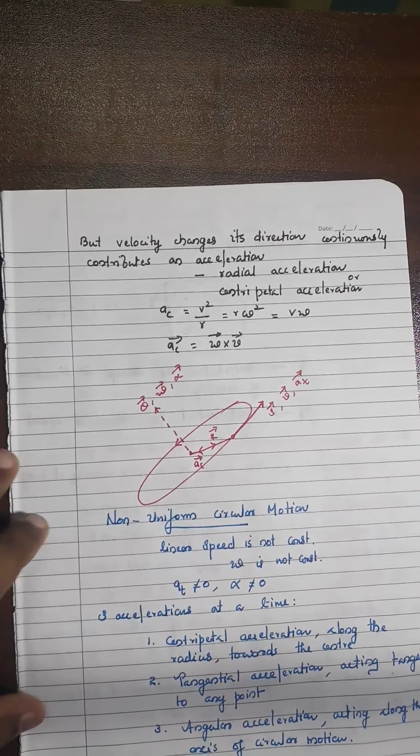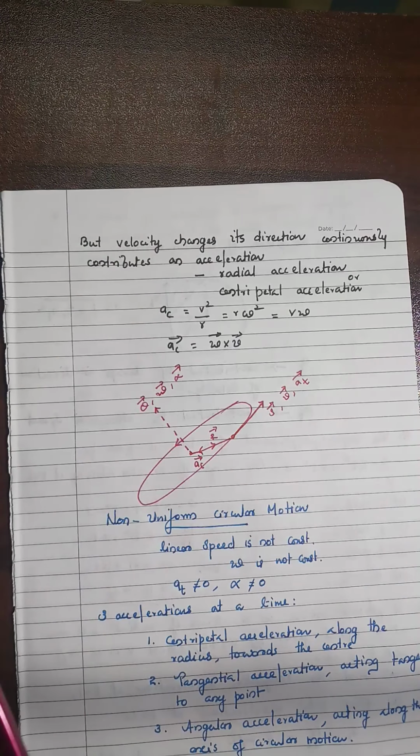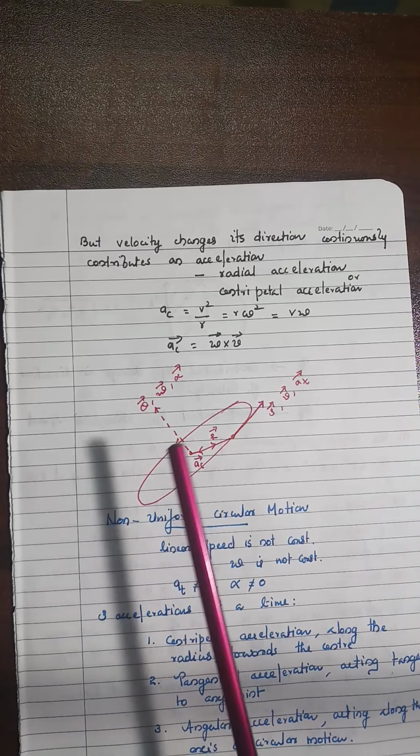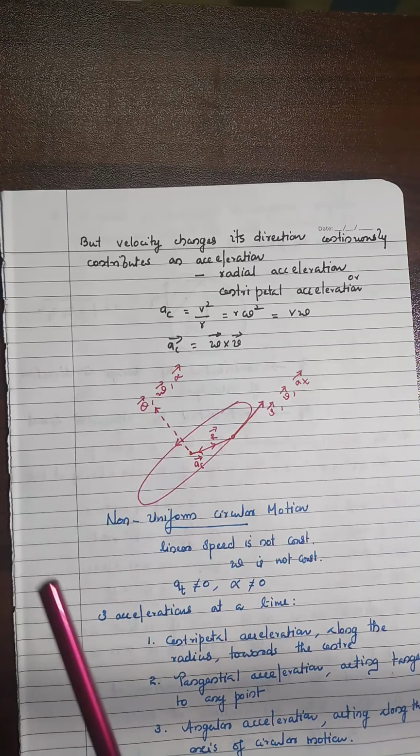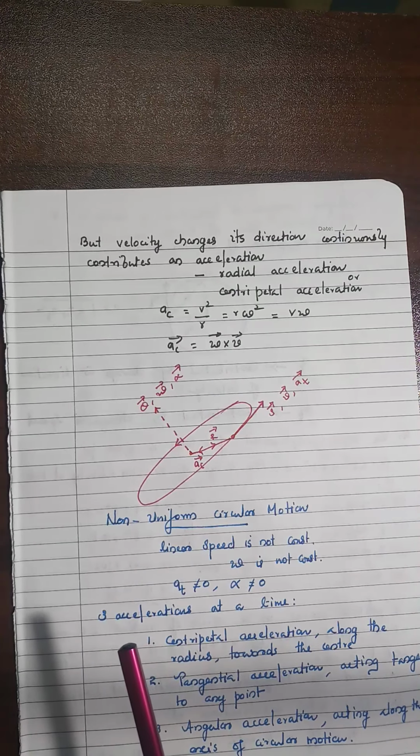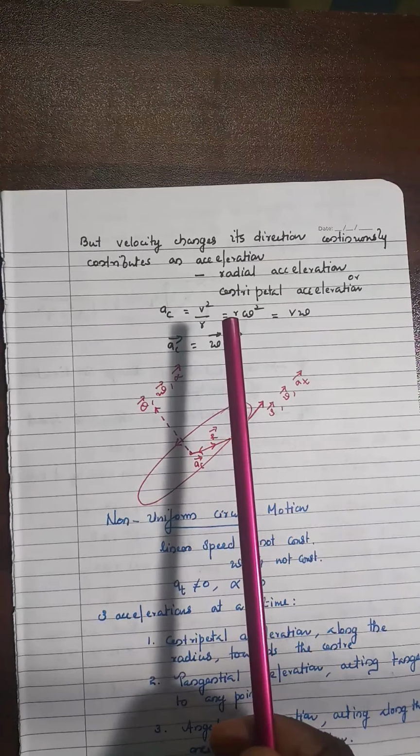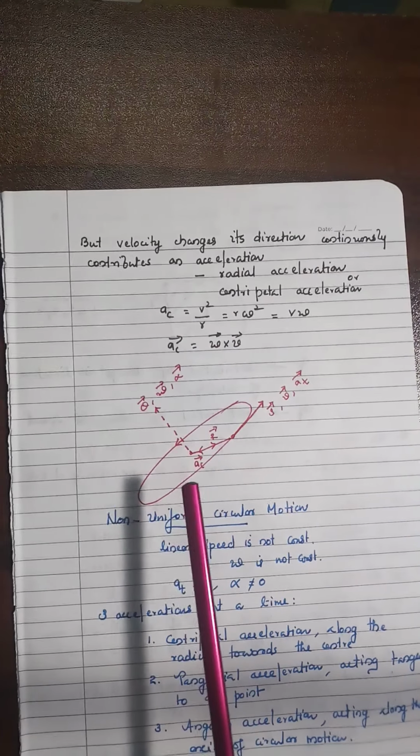Then we can say the velocity, its direction, is continuously changing. And that change in velocity should contribute an acceleration. That change in velocity is acting along the radius towards the center.